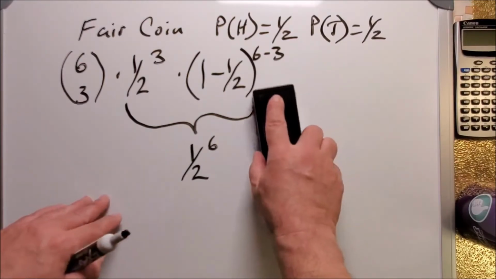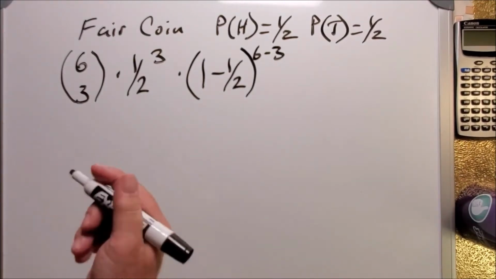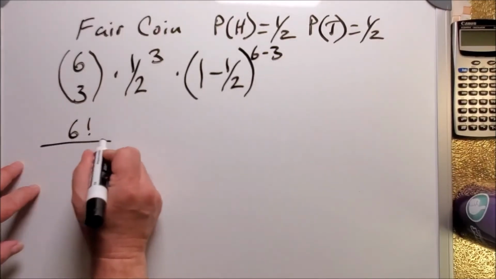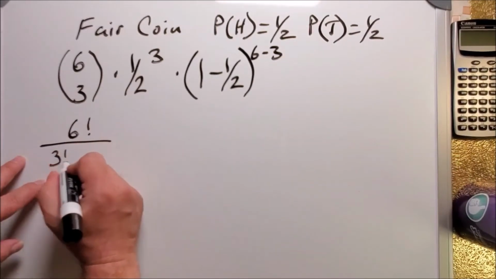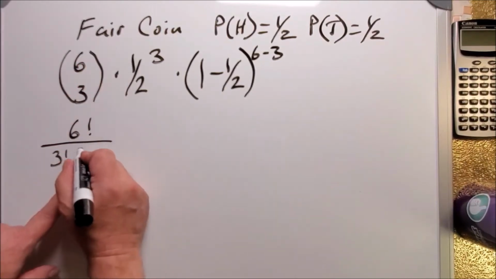Let me make some space. The first thing we ought to do is the combinatoric segment, so I'm going to do that first. That's going to be 6 choose 3, or 6 factorial divided by 3 factorial multiplied by 6 minus 3 factorial.